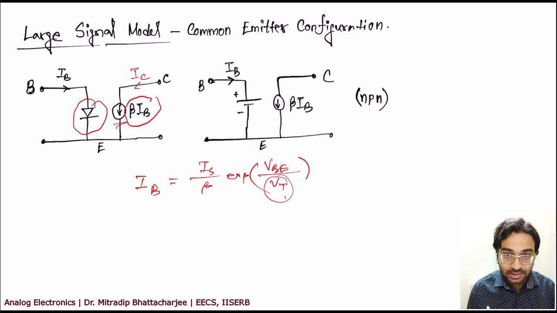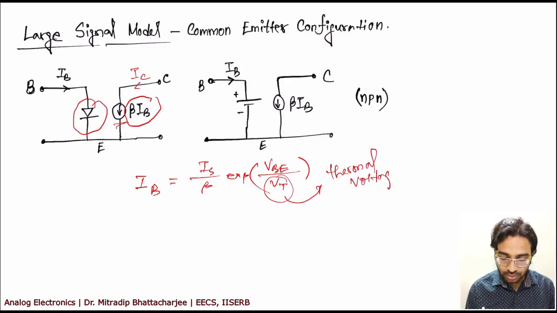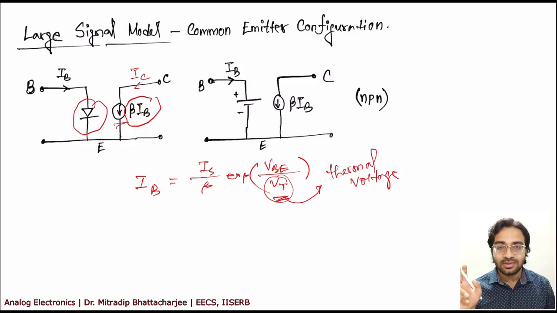And what is this VT? This VT is thermal voltage. So remember, this is not the threshold voltage of CMOS. Maybe after some time we will use VT as the threshold voltage, but as of now it is thermal voltage.